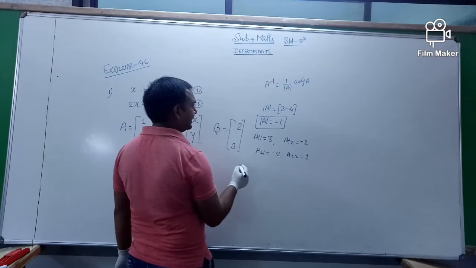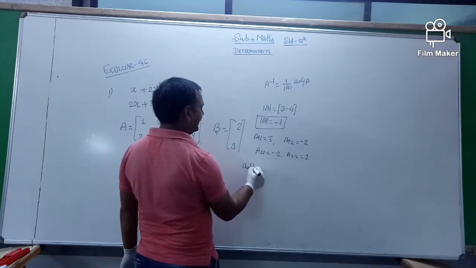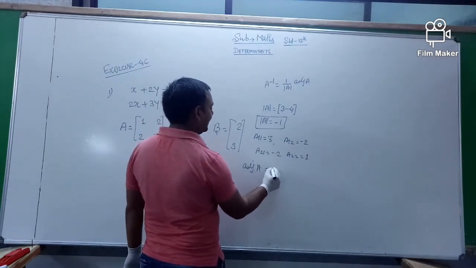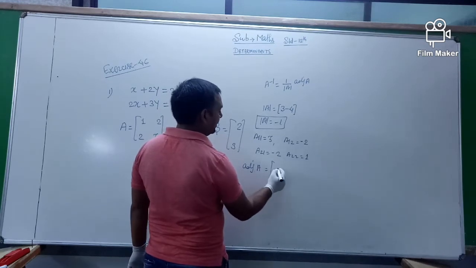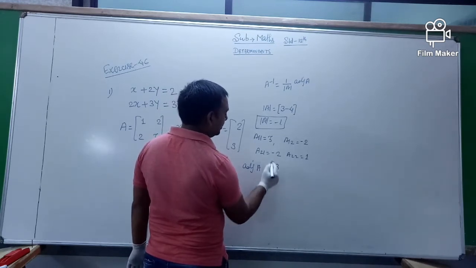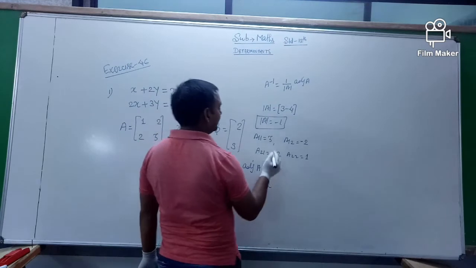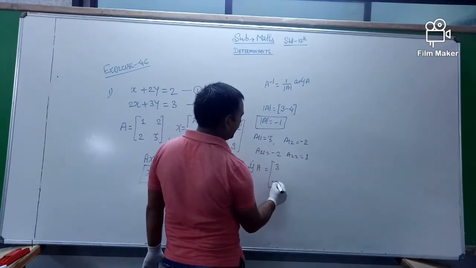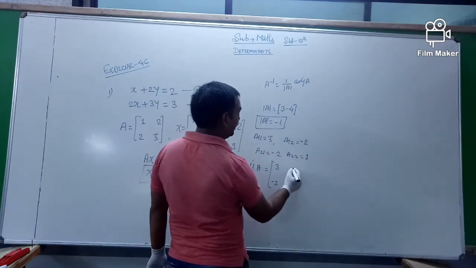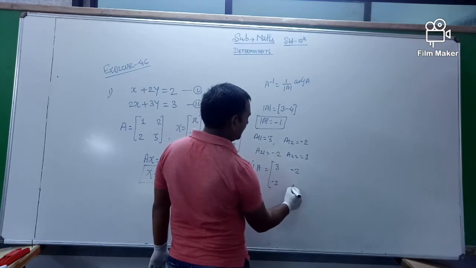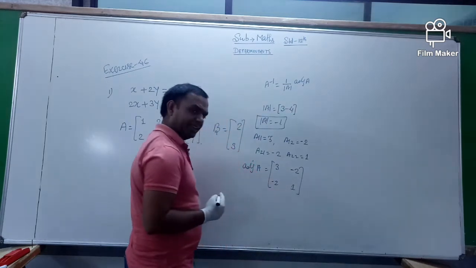So the adjoint of A is 3, minus 2, minus 2 and 1. This is the adjoint of A.